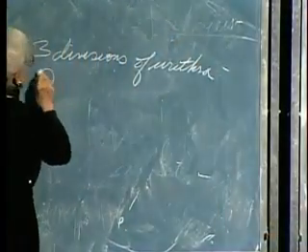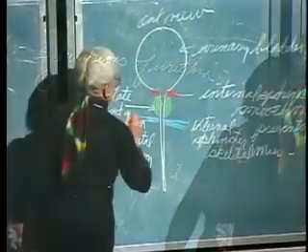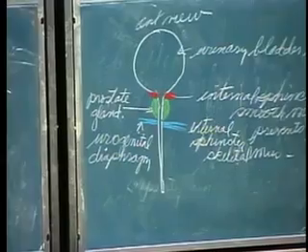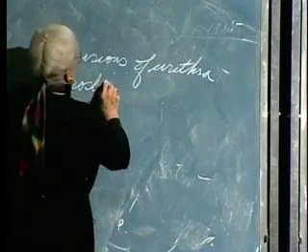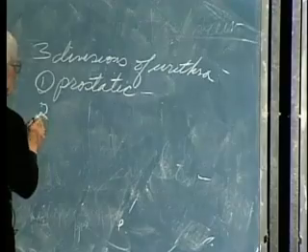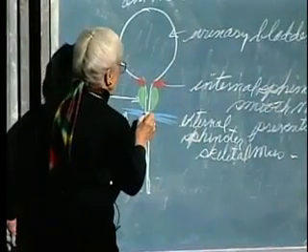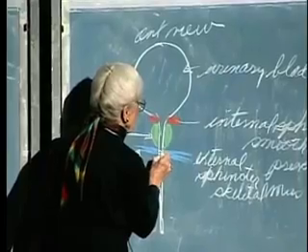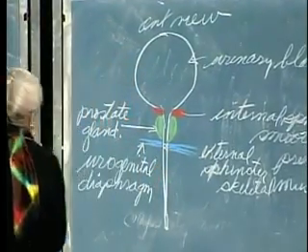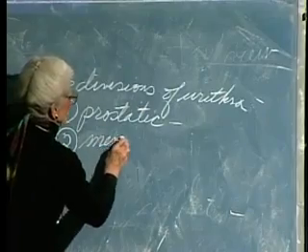The first one will be the prostatic division. The second one will be the membranous. It's this part of the urethra in our urogenital diaphragm, so it's called membranous division.